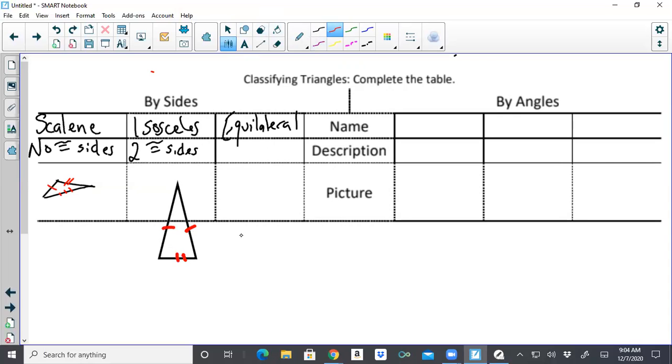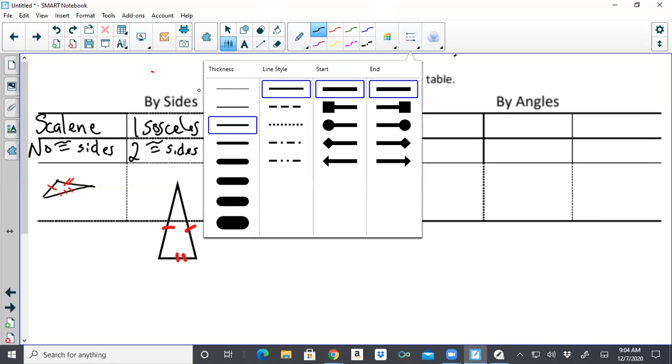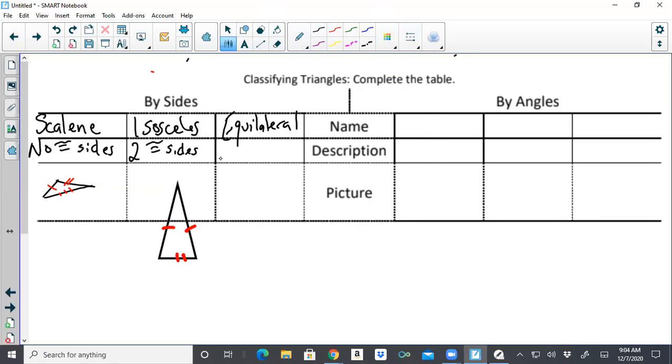This side is different. And then finally with equilateral, an equilateral triangle has 3 congruent sides. And I can try to make that one happen here too. But with an equilateral triangle, I have 3 sides that are all the exact same. So I would just put 1 mark, 1 mark, and 1 mark.